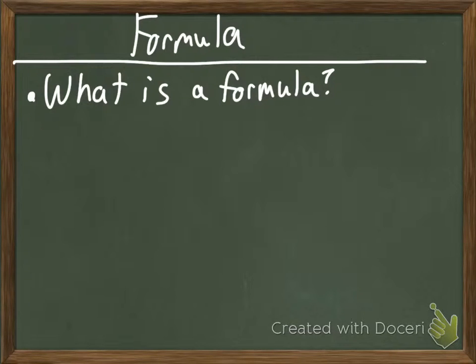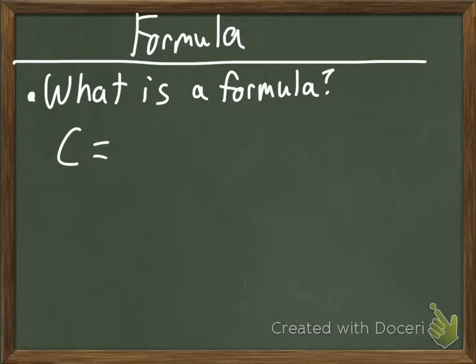Okay. A formula in algebra, if we're talking about one, it normally means something that relates two or more different types of quantities. A very common formula you might encounter is a temperature conversion formula.